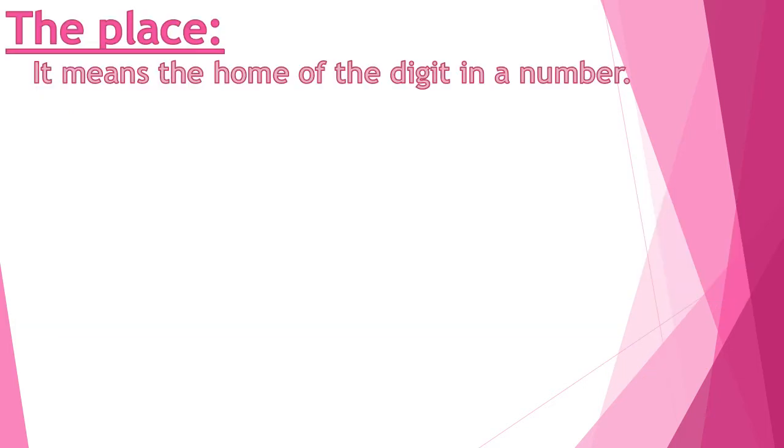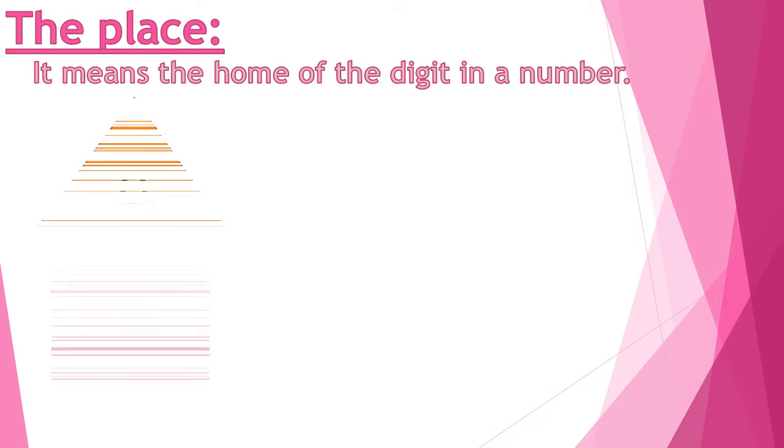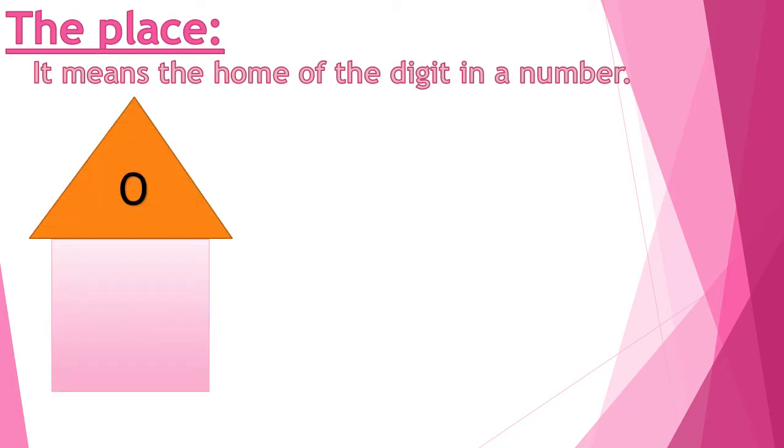First, the place. It means the home of the digit in a number. Each number has a home. This home is called place. When we were in grade 1, the home was one room only, the ones. The greatest digit for this room is 9.